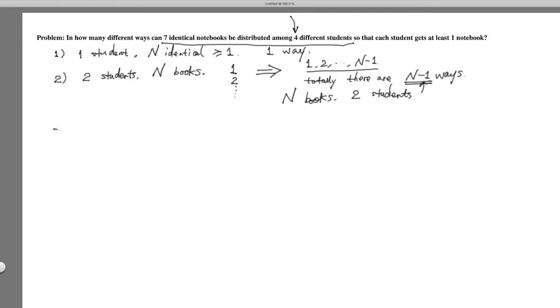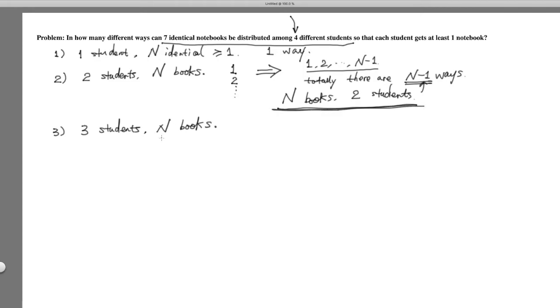Okay, now the third case is slightly more complicated. Let's say there are 3 students and n books. The idea is, again, we're going to consider the casework for the first student, and then we're going to use the result that we already got of the number of ways distributing n books to 2 students.